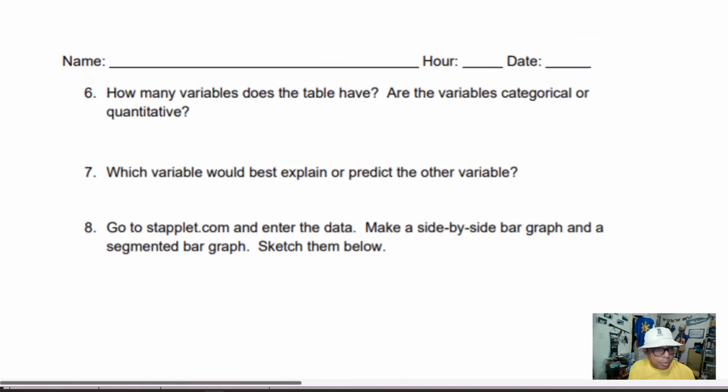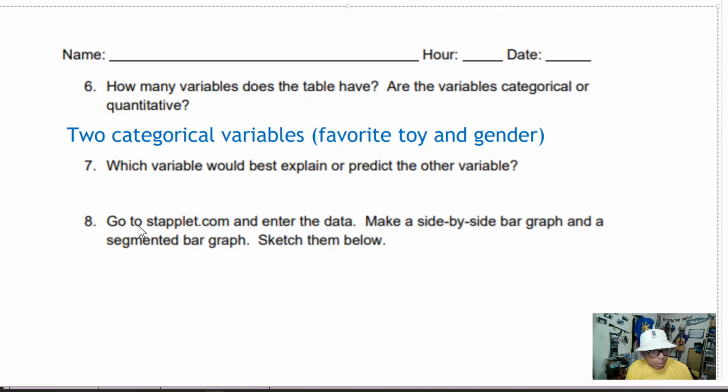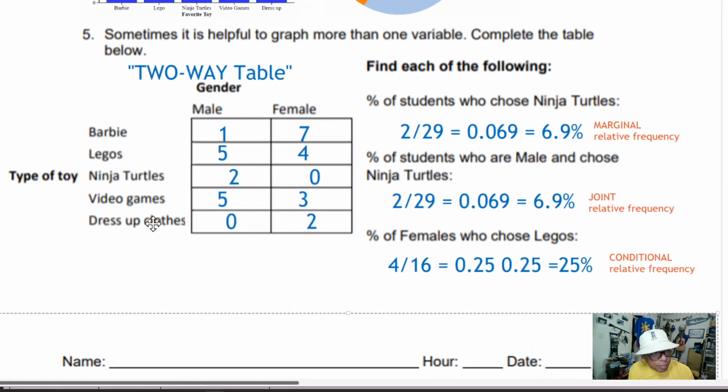Okay, let's move on. How many variables does that table have? There are definitely 2 categorical variables. Which variable would best explain or predict the other? Well, that's a little bit of an opinion, maybe. If we knew someone's favorite toy, would we be able to predict their gender? Or would it be better to predict their favorite toy based on their gender?